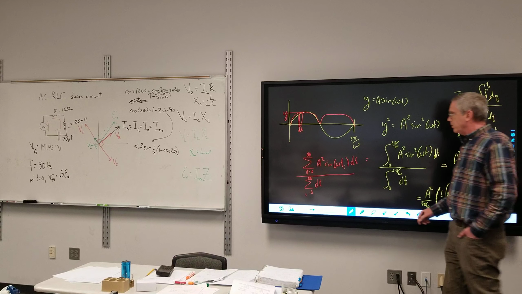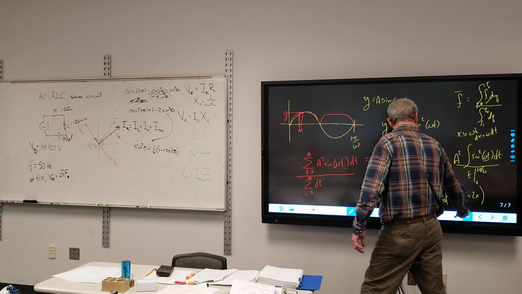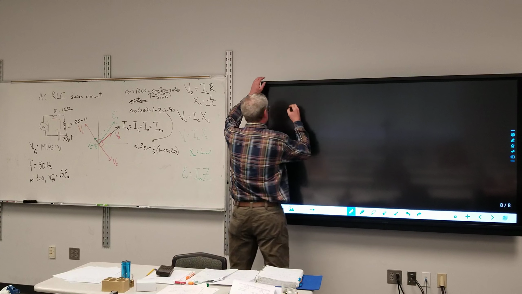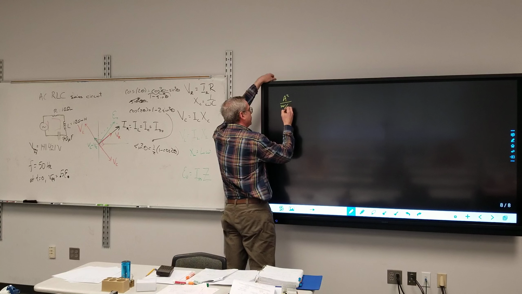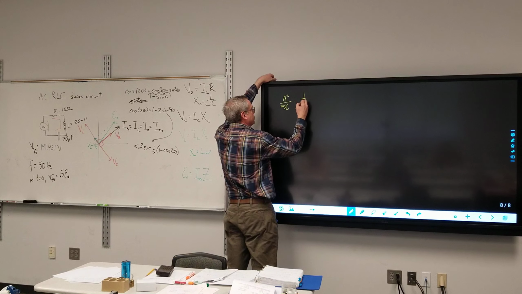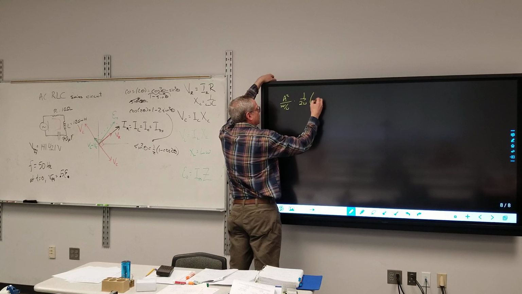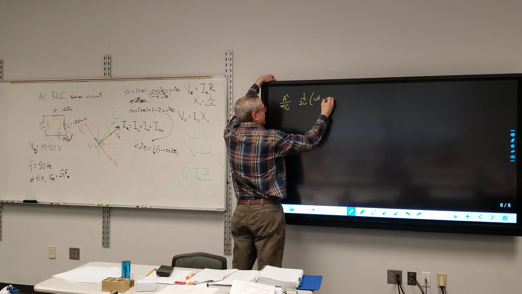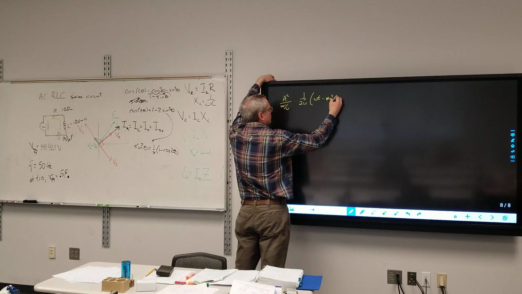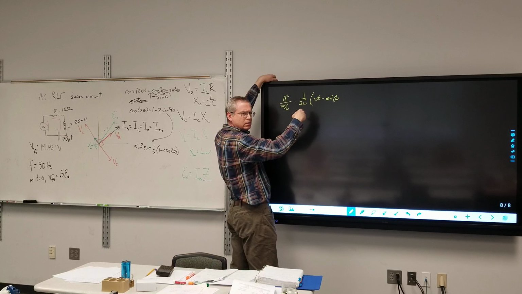So we end up with, running out of room, I want to keep that over there. So we had a squared over 2 pi over omega times 1/2 omega times omega t minus sine, was it sine squared or just sine?